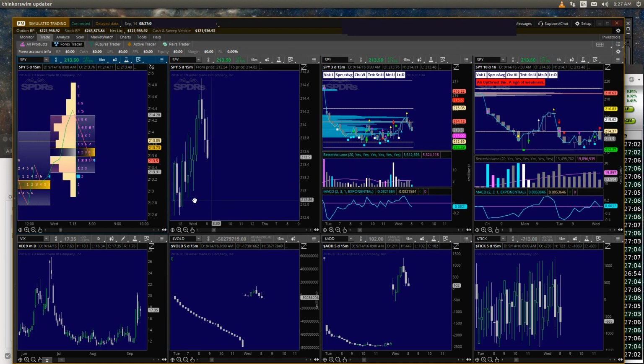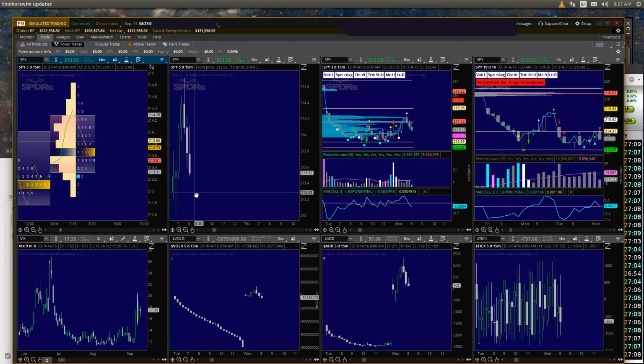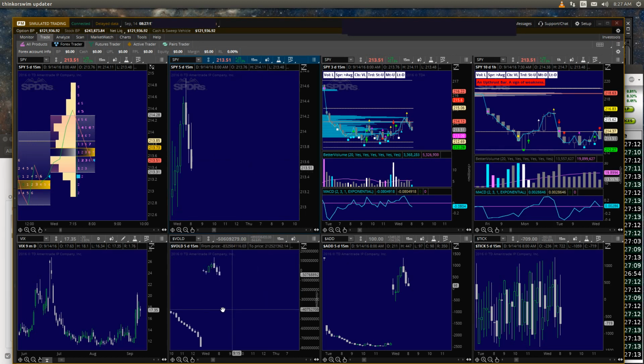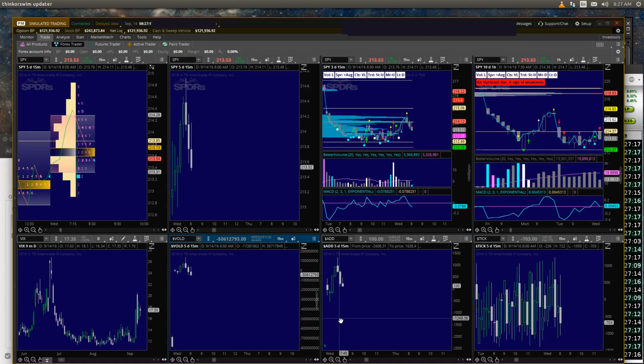Let's see. So this is Wednesday. Okay. Move this over. I like to see just what I'm looking at, and I'll leave one candle from the previous day. Volume, advancing volume minus declining volume, gapped up, and now it's petering out.